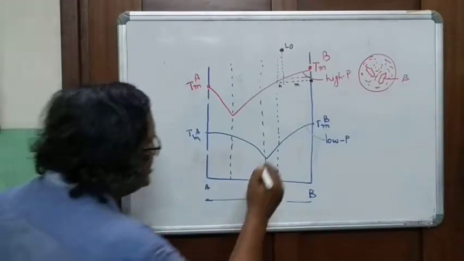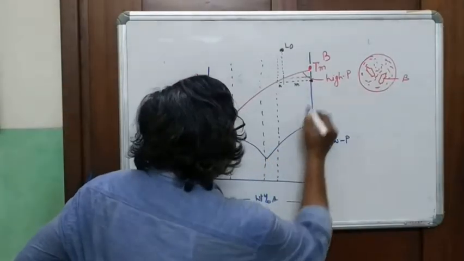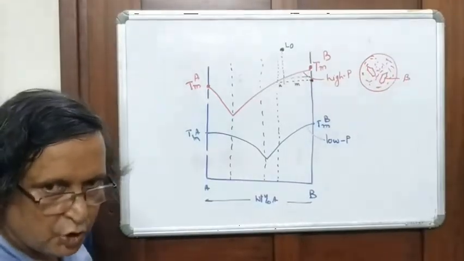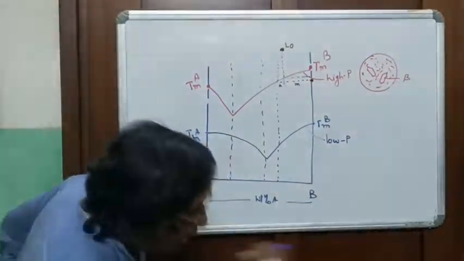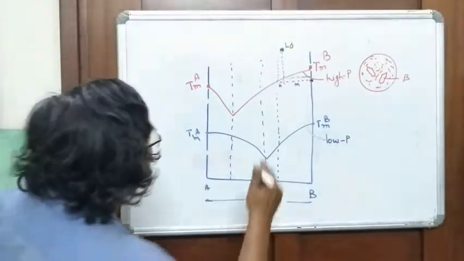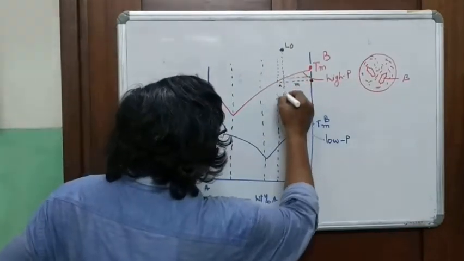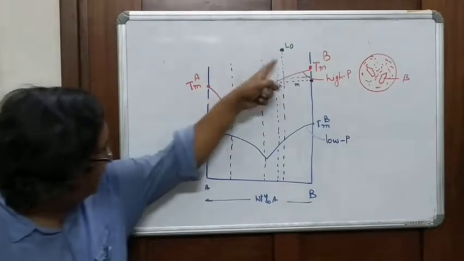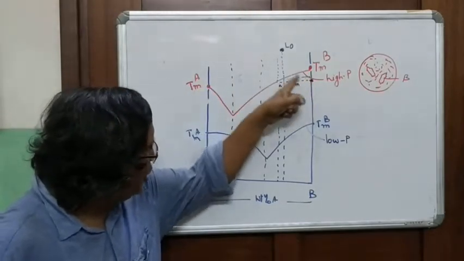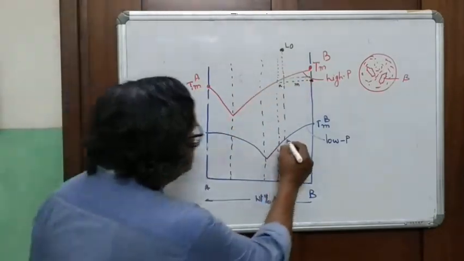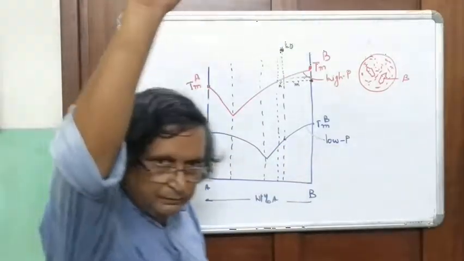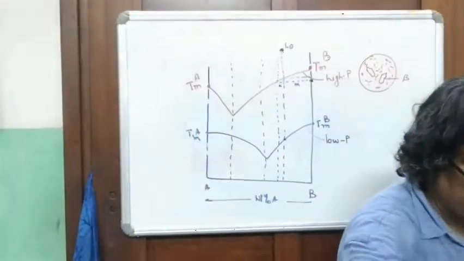With respect to the low pressure, B should not be stable as a crystal, but should go into the melt. If you allow all the B to go into the melt, then your melt composition is back to this point. If you allow all your B to go into the melt, then your melt composition is here. All the B will remelt.